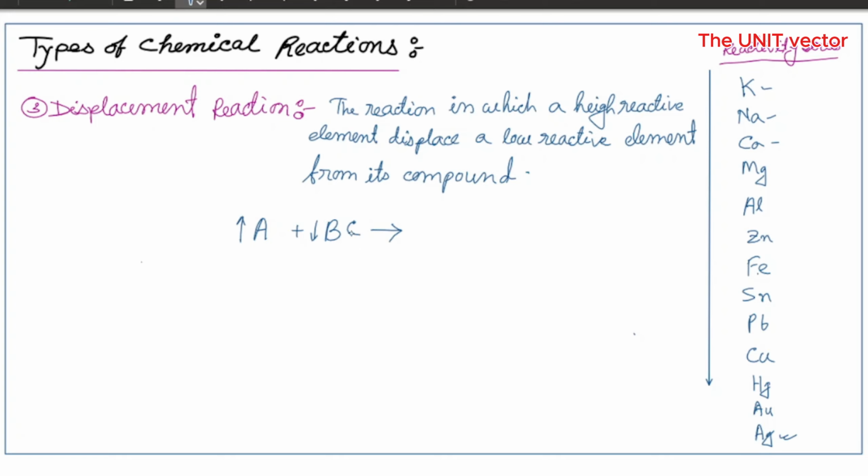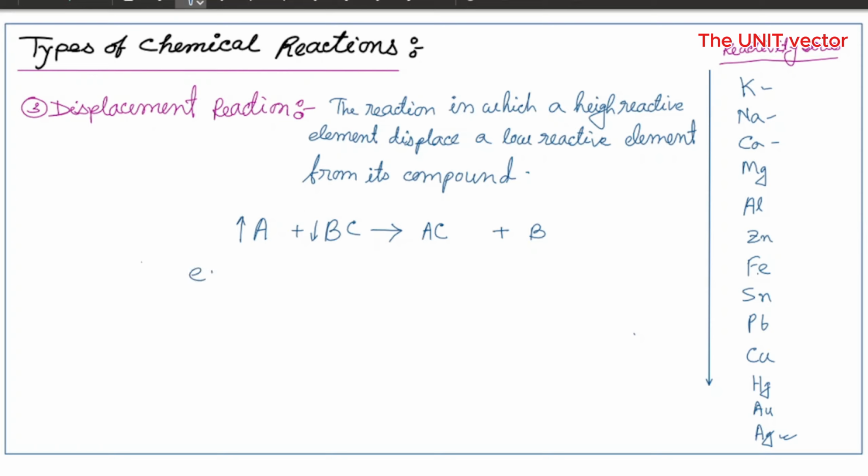So A is displacing B, that means B will be removed and in place of B, A will be added. That means it will form AC and B. In this reaction, A is highly reactive and B is low reactive, and A displaces B from its compound BC. This type of reaction is called a displacement reaction.